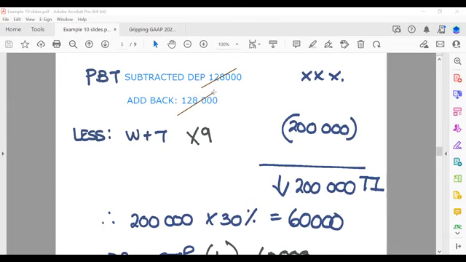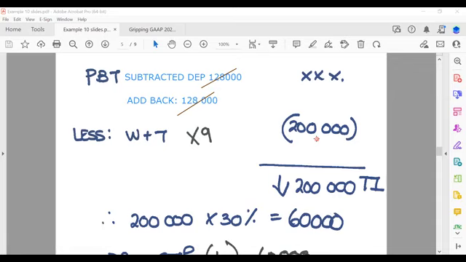So the effect of depreciation on our tax comp is nothing. We've subtracted depreciation in arriving at our profit. If we add back depreciation, it's going to make no difference because it's just a subtract and an add back. That is why on my slide, you will see that I only have a deduction for wear and tear of 200,000.